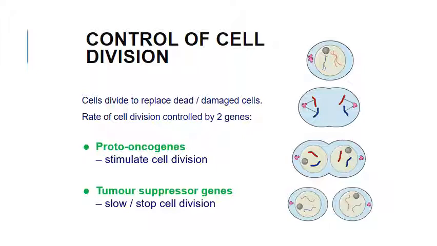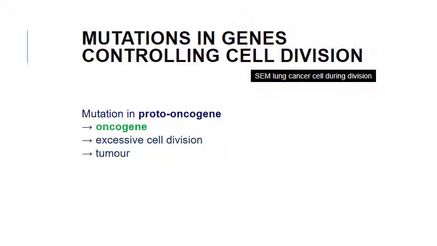Mutations to proto-oncogenes and tumour suppressor genes have been found to be the cause of many types of cancer. A mutation to the proto-oncogene changes that proto-oncogene into a gene we call an oncogene. That oncogene leads to excessive, uncontrolled and chaotic cell division.